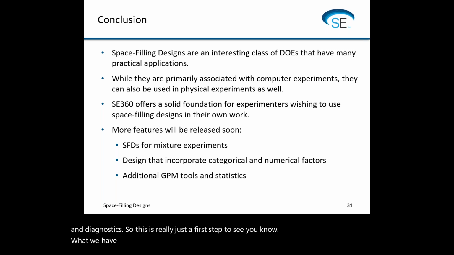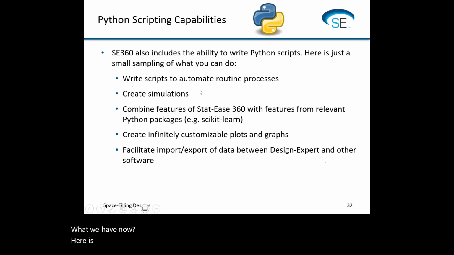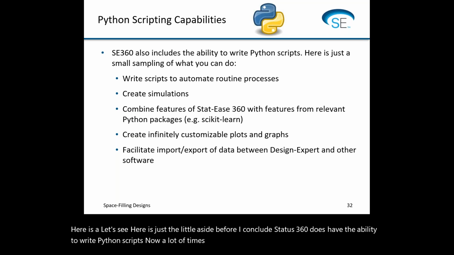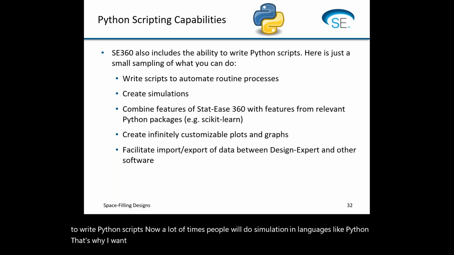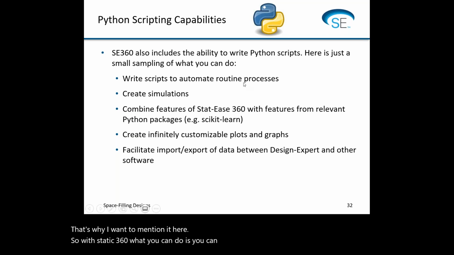Now, here is just a little aside before I conclude. Statist 360 does have the ability to write Python scripts. A lot of times people will do simulation in languages like Python. That's why I want to mention it here. With Statist 360, you can write scripts to automate routine processes.